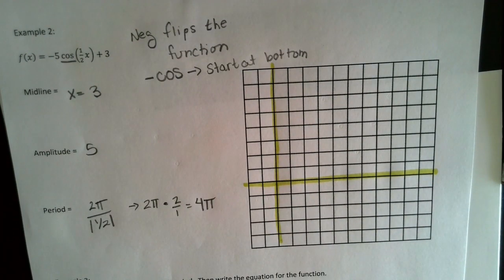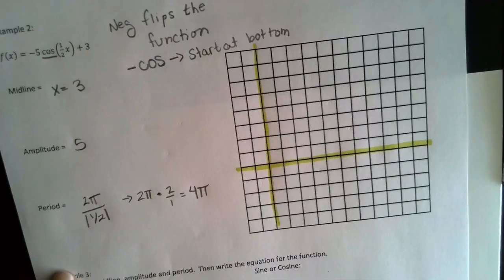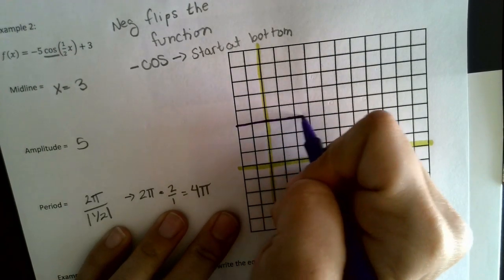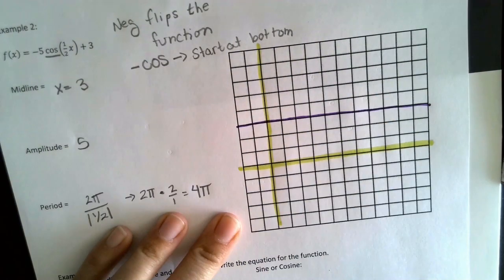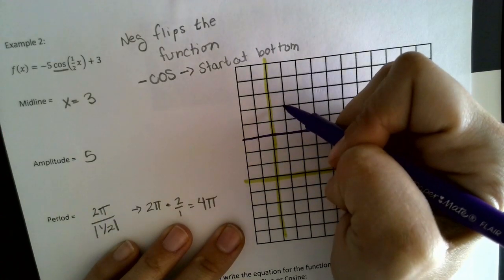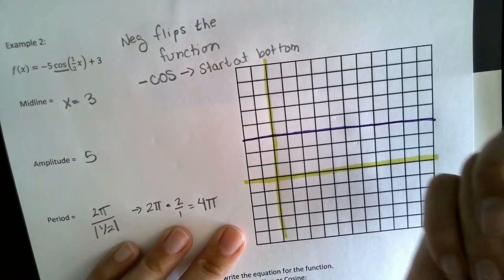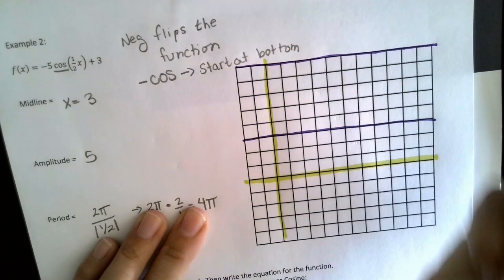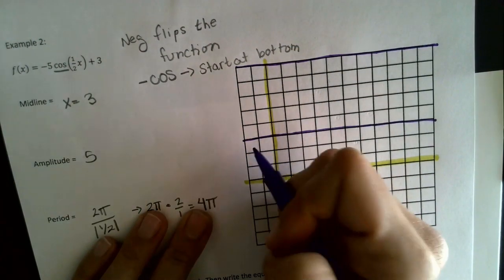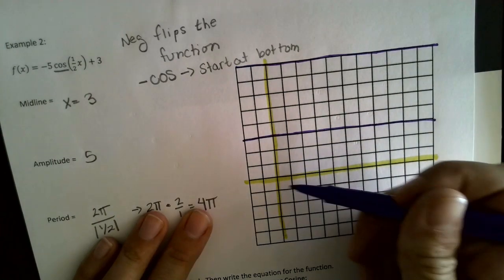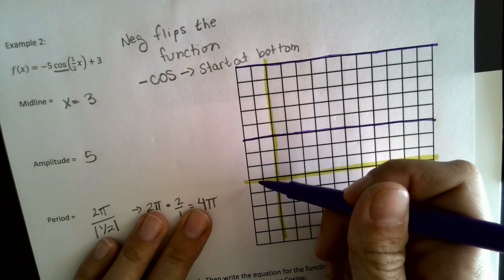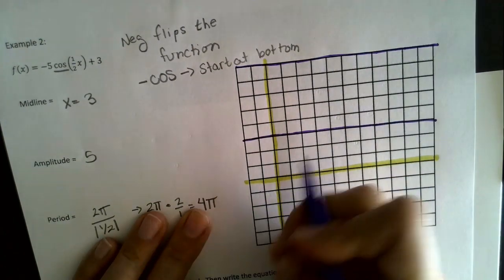Okay, that should work. Now let's graph our midline, which is at 3. And we're going 5 from there. 1, 2, 3, 4, 5. Remember that 5 is not from the x-axis, it's from the midline. So 1, 2, 3, 4, 5.